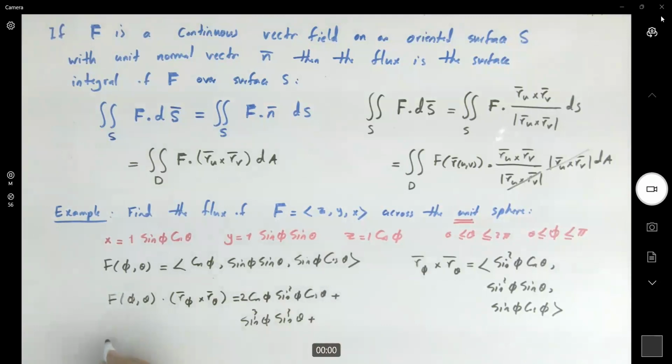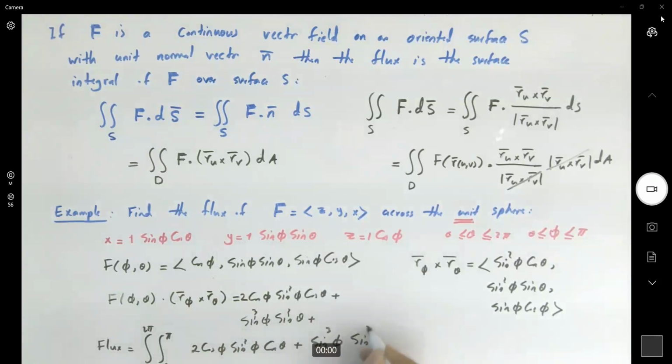Okay, so we are taking the double integral 0 to 2 pi, 0 to pi of 2 cosine phi sine squared phi cosine theta plus sine cubed phi sine squared theta d phi d theta.